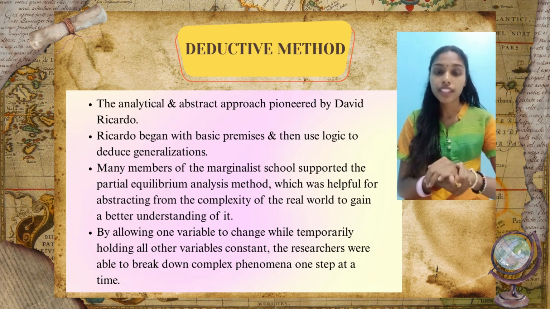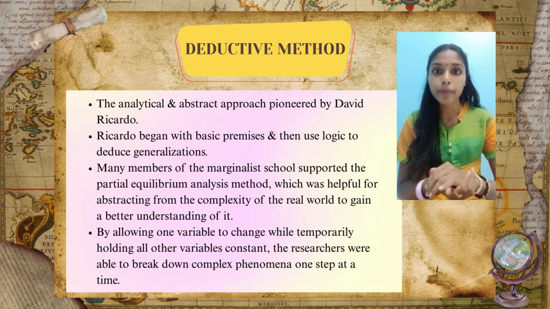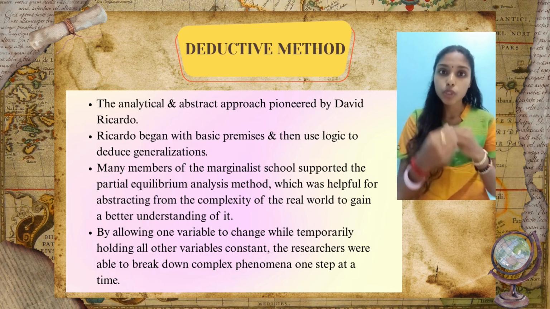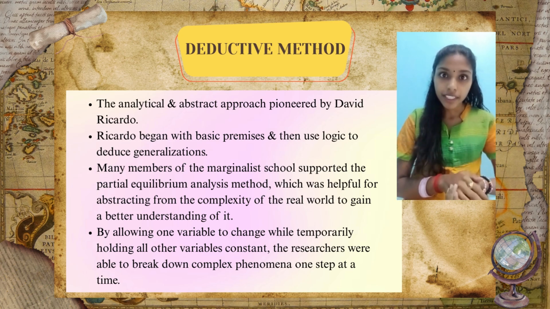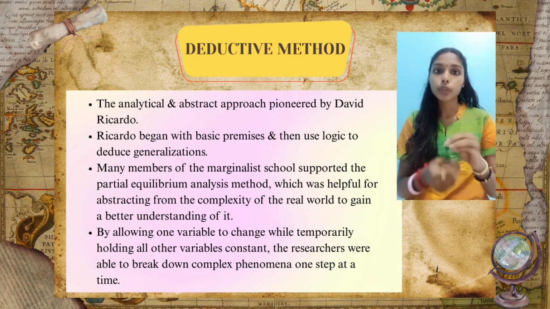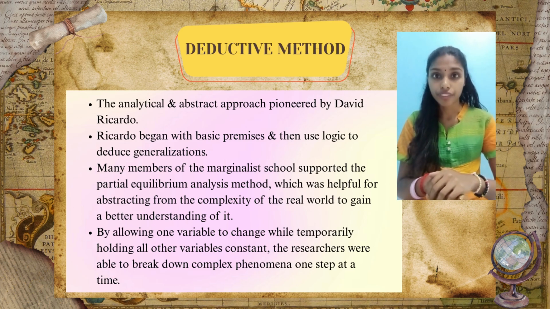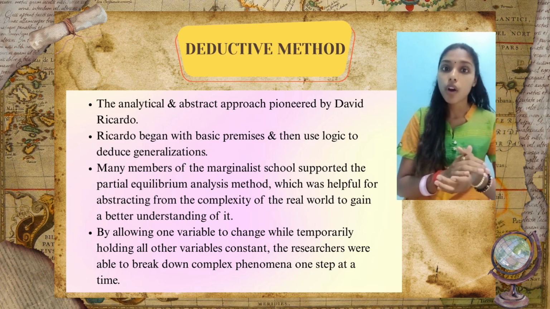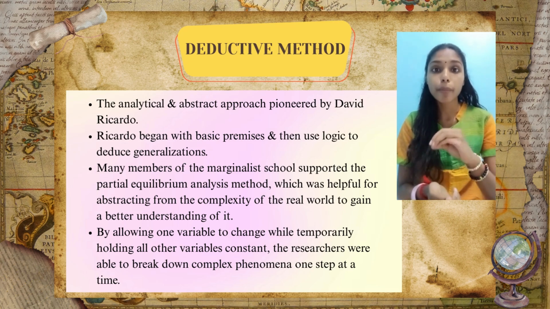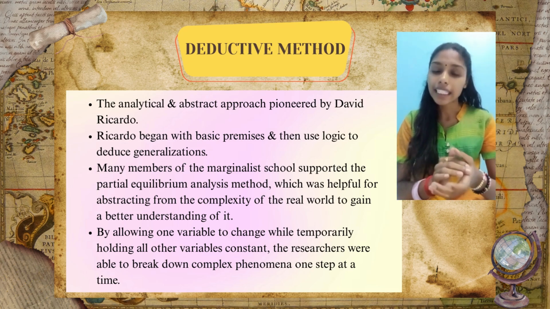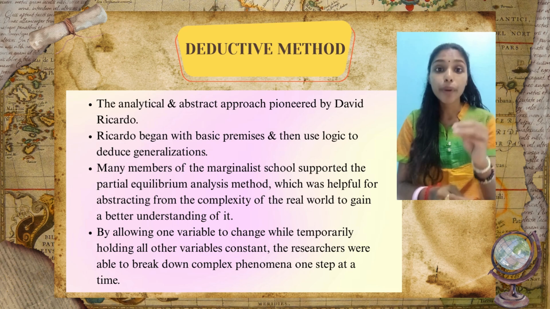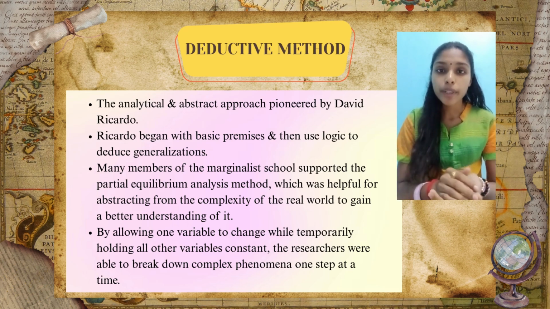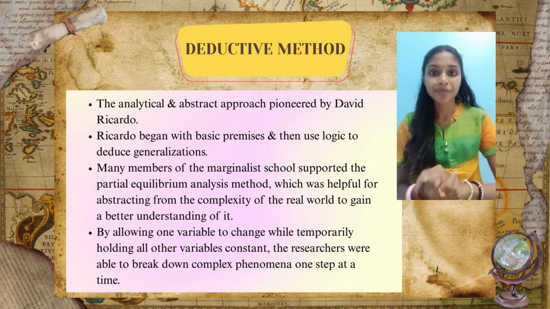Many members of the marginalist school supported the partial equilibrium analysis method, which was helpful for abstracting from the complexity of the real world to gain a better understanding of it. By allowing one variable to change while temporarily holding all other variables constant, researchers were able to break down complex phenomena one step at a time.